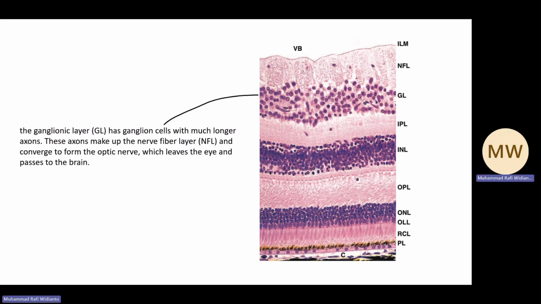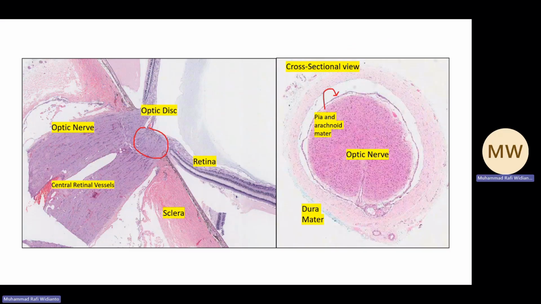So the way that the optic nerve first comes about is through the ganglionic layer, where these axons would then combine to form the fully fledged optic nerve, which then leaves the eye and enters the brain, as you all know.